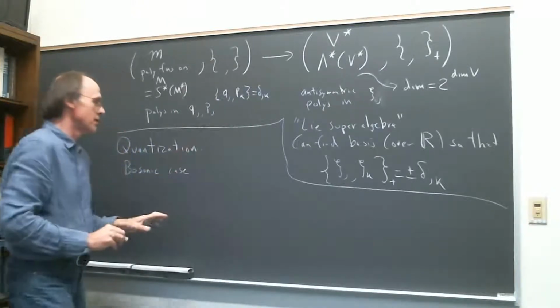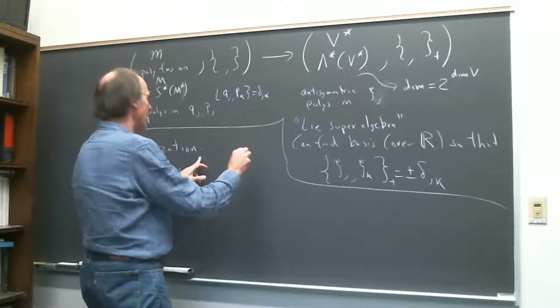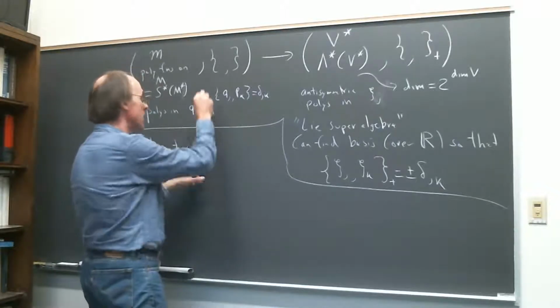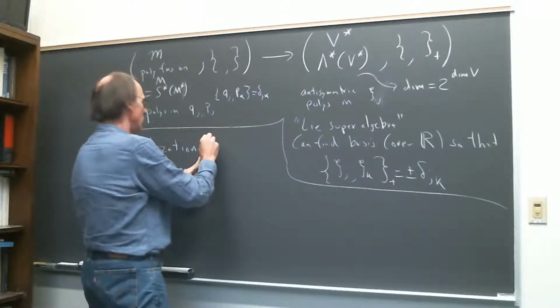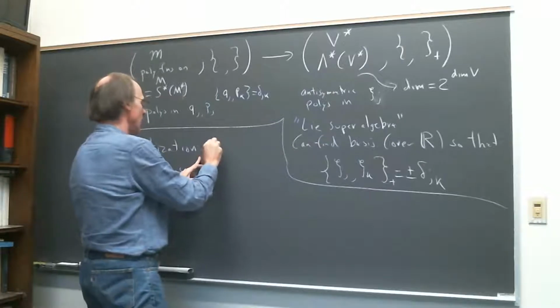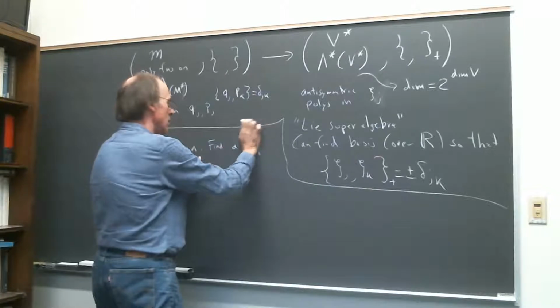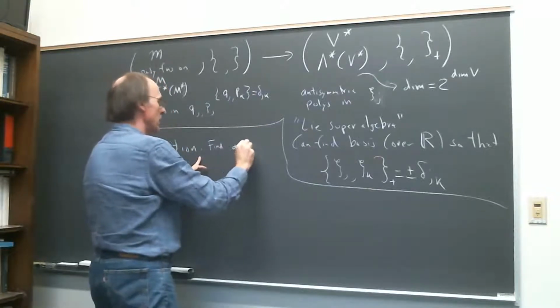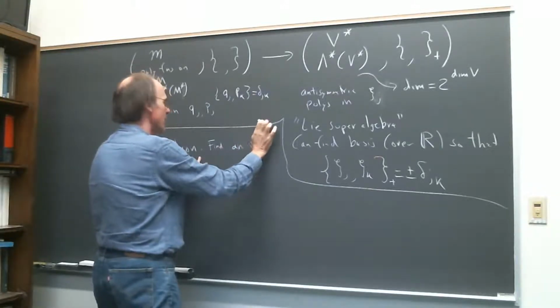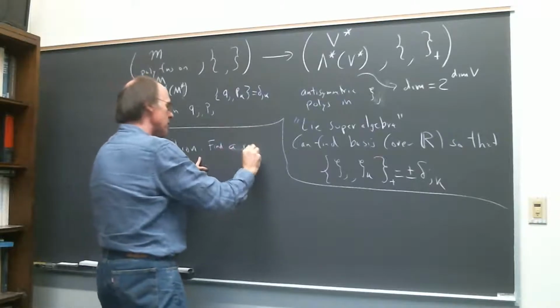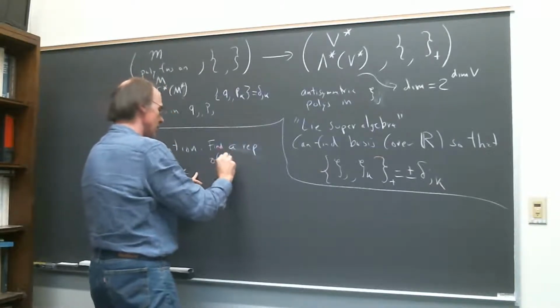Quantization is always going to be to find a representation, and irreducible. Well, let's just say this is find a representation of this Lie algebra.